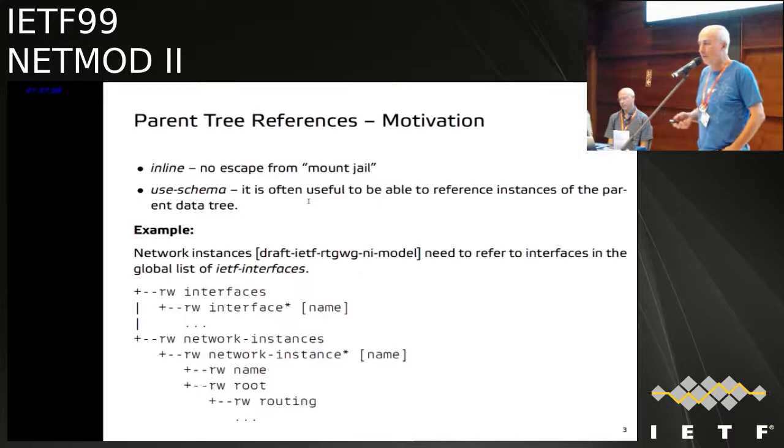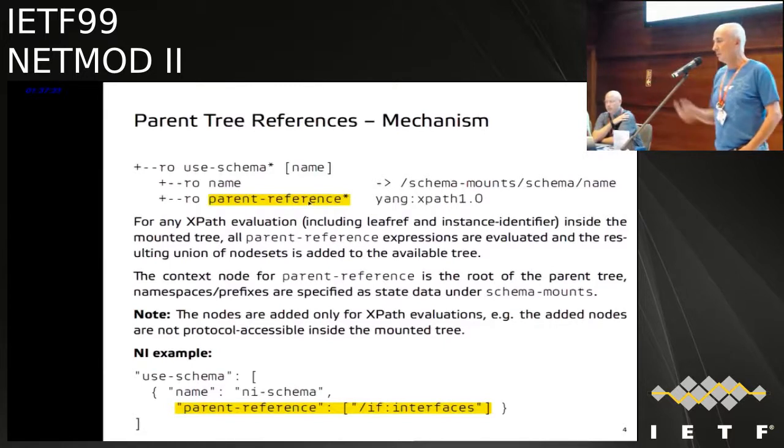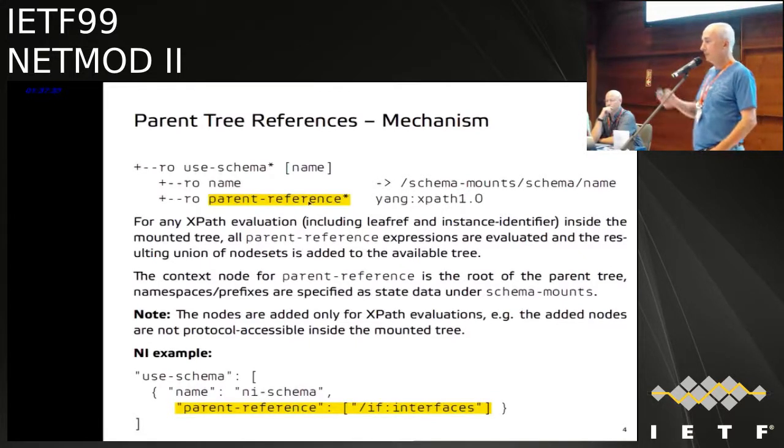Normally the list of interfaces wouldn't be accessible inside the mounted schema. We need some way how to escape from the mount jail. The mechanism that's currently proposed in the draft is, as I said, only for the use schema method of defining the mounted schema. Inside the use schema list, which is state data, of course, we have this additional parent reference.